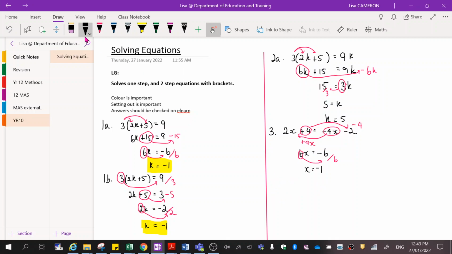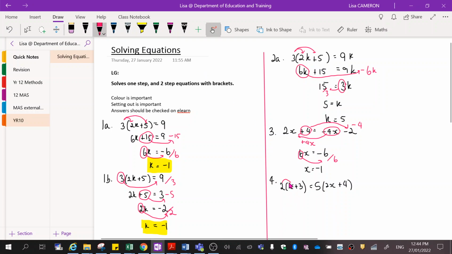Now, we've only got one more example left to do, which is question 4. So now we're going to look at what happens if you've got brackets on both sides and you've got variables on both sides. So if I've got a question that looks like this, my first step is going to be to expand the brackets.